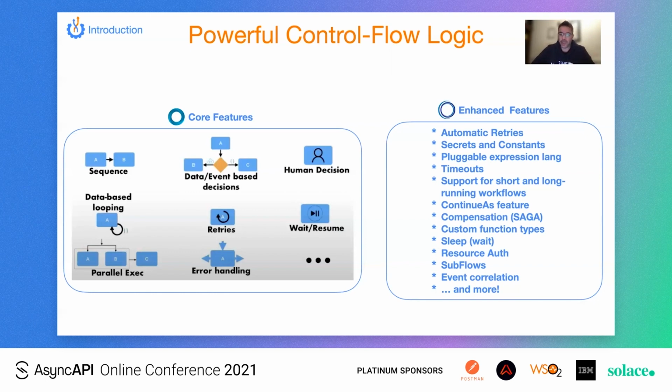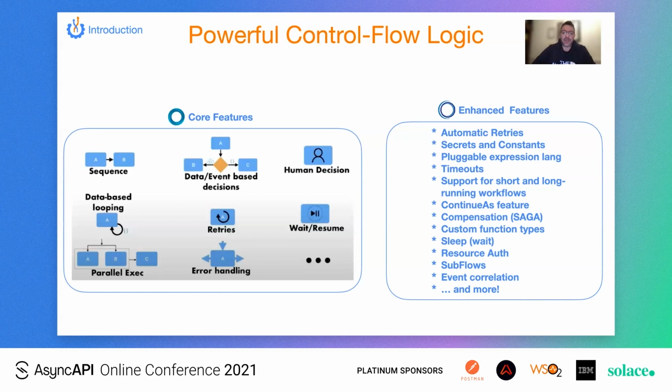We have a very pluggable expression language. Every DSL out there has to have some sort of expression language in order to make it fully executable, and we allow that to be pluggable. By default we use JQ, but you can really plug in, as you will see in the demo, JSON path, for example, and use that as well.